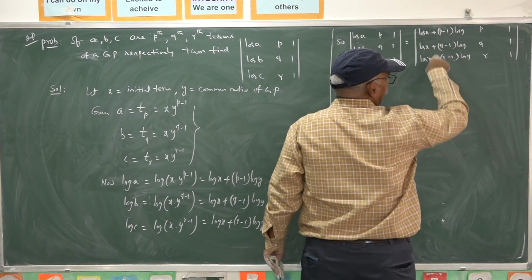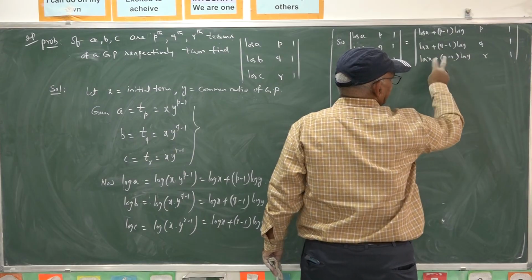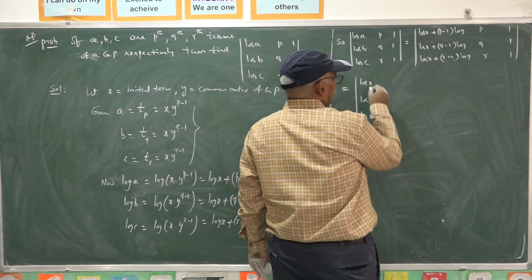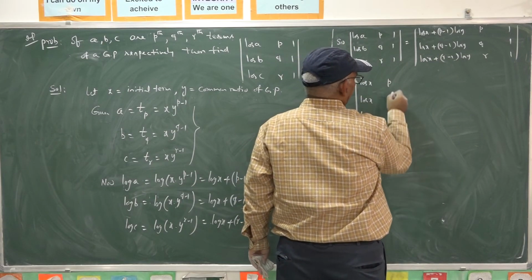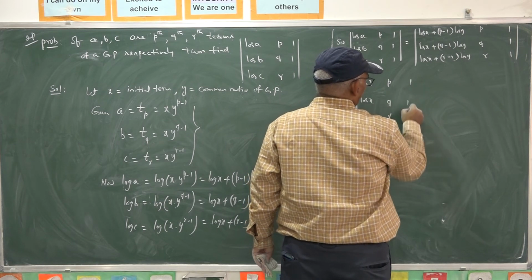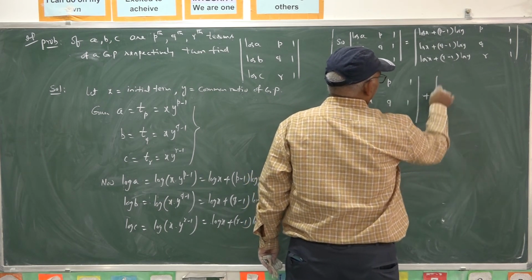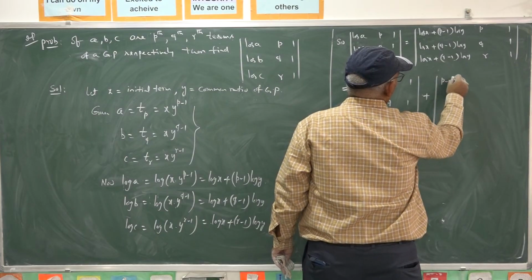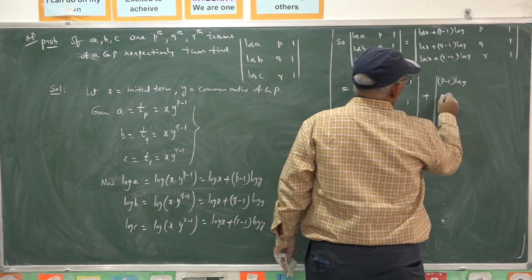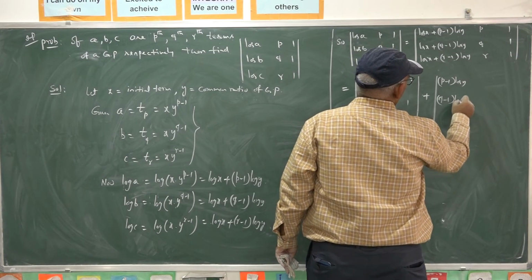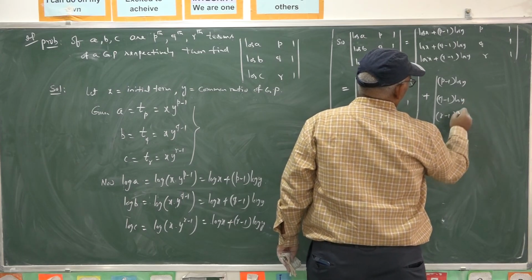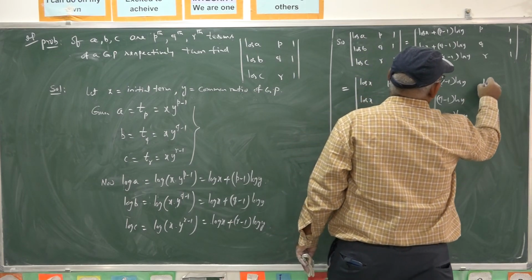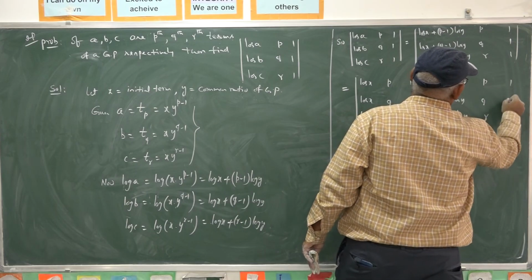So, log X, p, q, r, 1, 1, 1 plus the other determinant, p minus 1 log Y, q minus 1 log Y, r minus 1 log Y, p, q, r, 1, 1, 1.